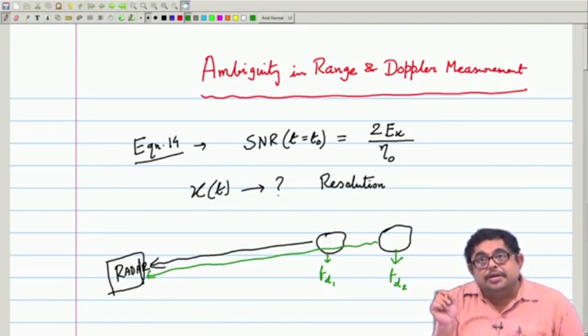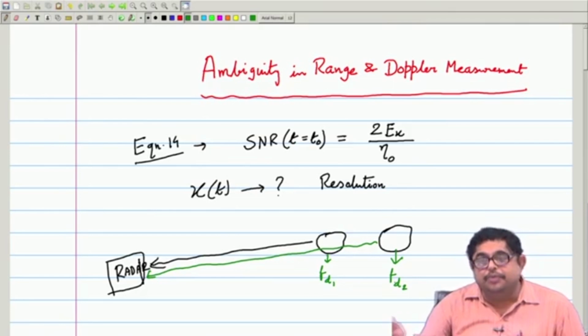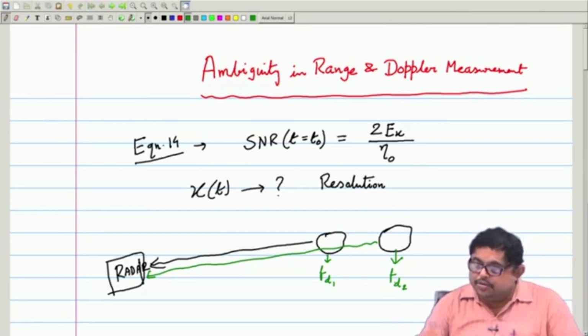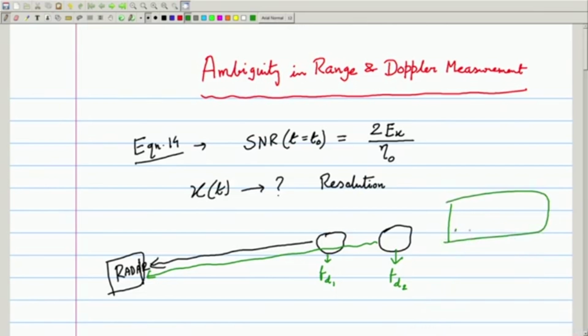If the length is L, divided between 1024 dots, L by 1023 is your resolution. That means the minimum separation between them that the camera will be able to detect as two separate dots. So, this is the concept of resolution.